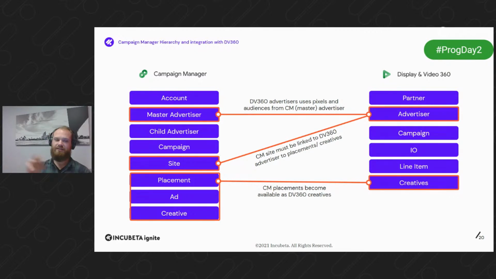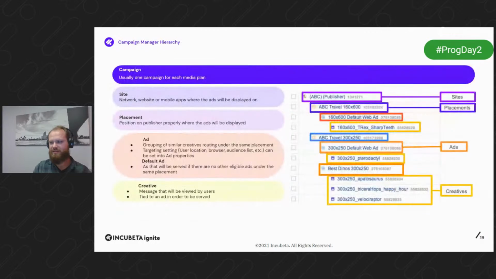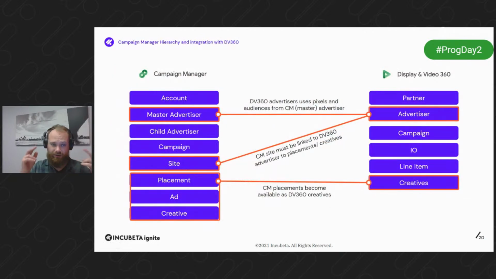The next level that's linked directly to DV360 from Campaign Manager is the placement, ad, and creative unit. As we saw on the previous slide, I'm just going to pop back quickly to demonstrate. This unit, your placement, your ad, and your creative together, is exactly what pulls through to DV360 as a creative.